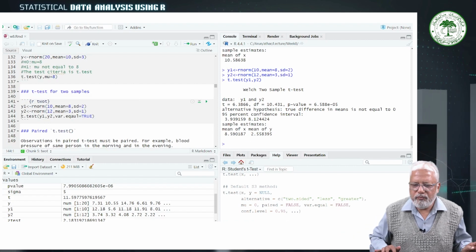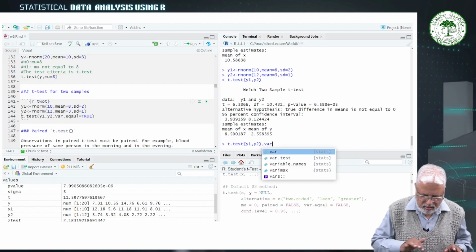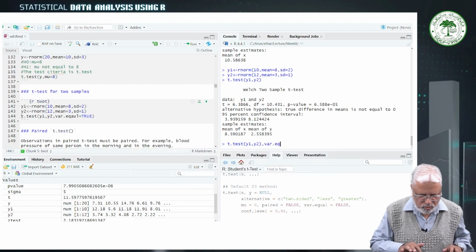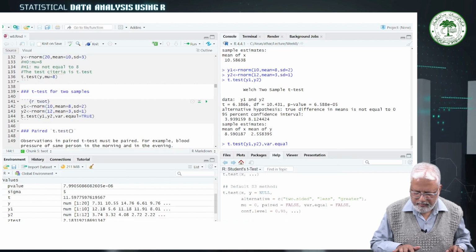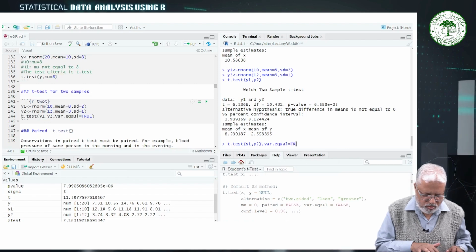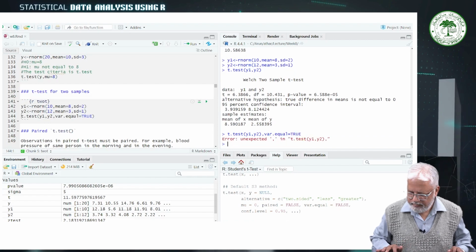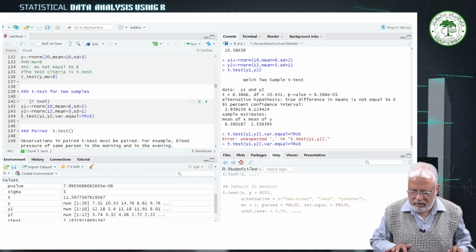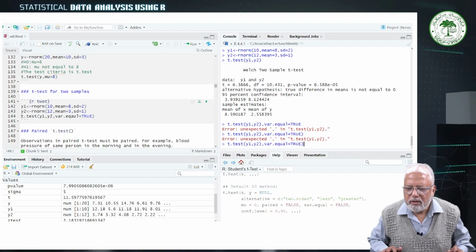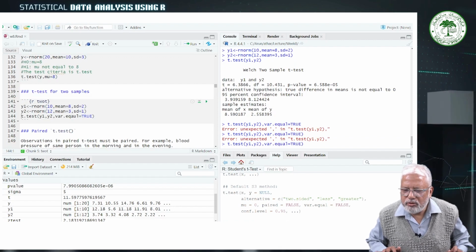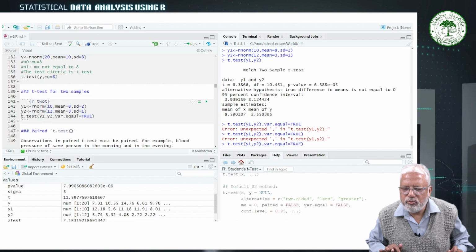And when we want var.equal equal to true, in that situation this is the common t test we teach to our students.